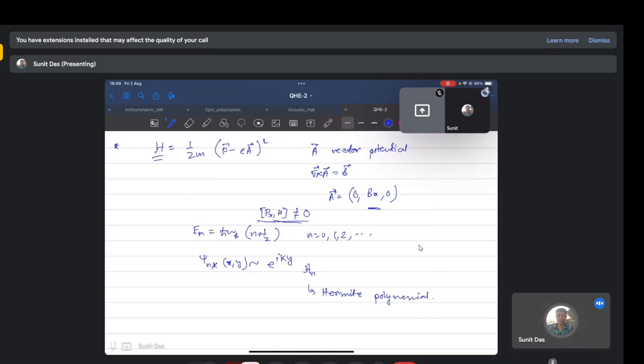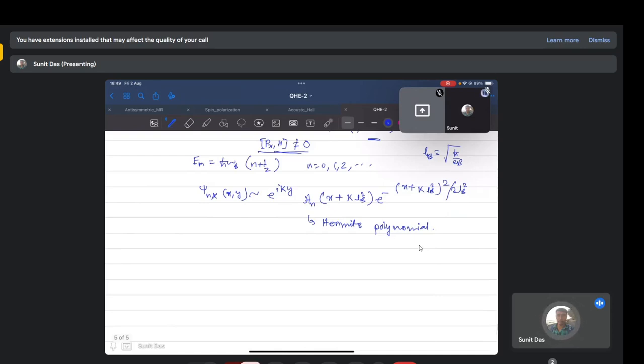Both are represented by H here, and then H_n((x plus k l_B squared)/l_B). l_B was the magnetic length scale, root over h bar by eB, and then the Gaussian term, e to the power minus (x plus k l_B squared) whole squared, divided by 2 l_B squared. That was our wave function.